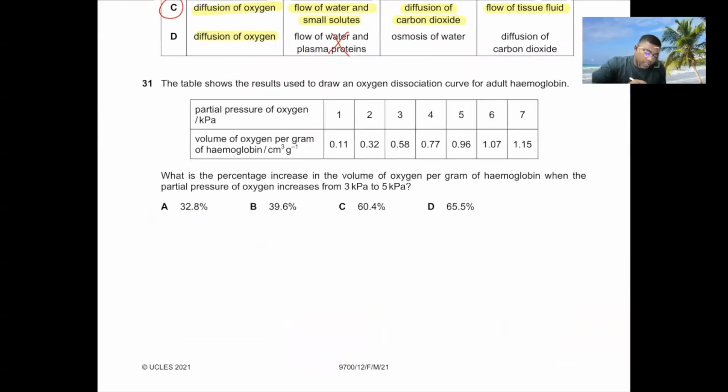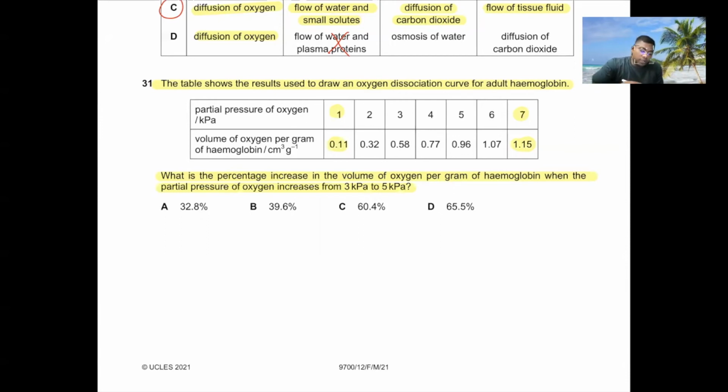30C. The table shows the result used to draw an oxygen dissociation curve for adult hemoglobin. Partial pressure of oxygen. All right, 1, and we got 0.11. Partial pressure of 7, we got 1.15. Volume of oxygen per gram of hemoglobin. What is the percentage increase in the volume of oxygen per gram of hemoglobin when the partial pressure of oxygen increases from 3 kPa to 5 kPa?